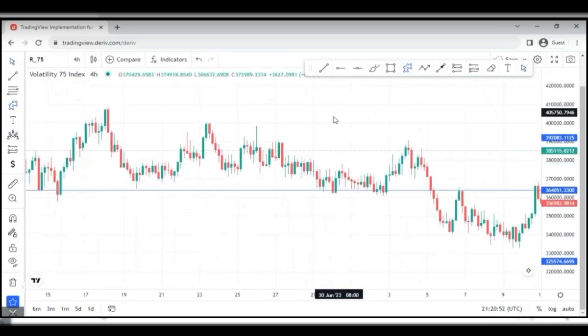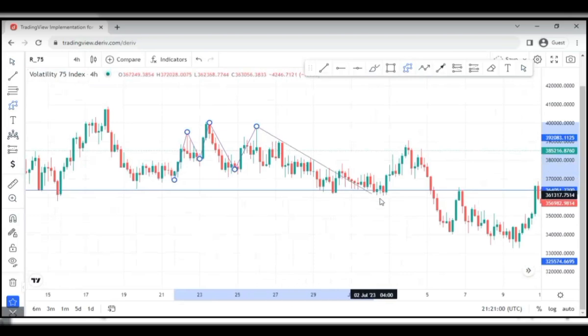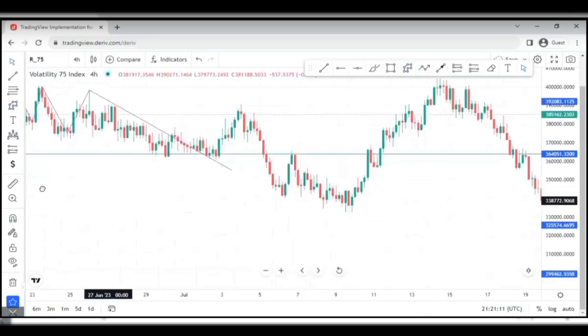Here we had another head and shoulder. You can see that this one was a bit higher than the previous shoulder, but all the same, it fell through. All right, so that's for head and shoulder.